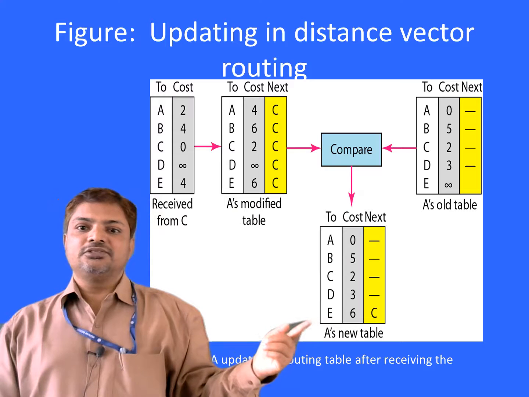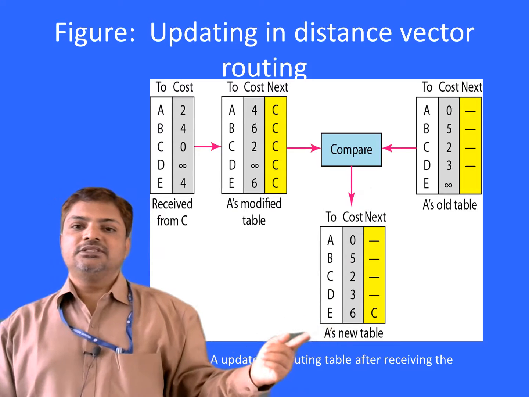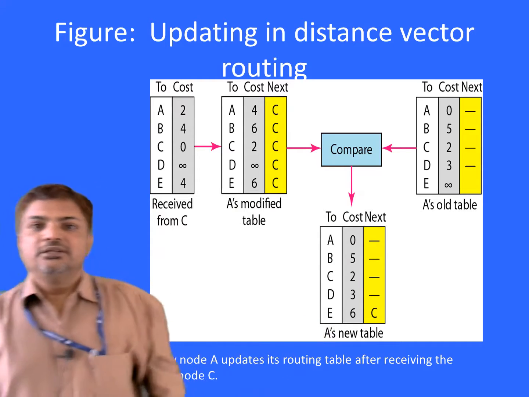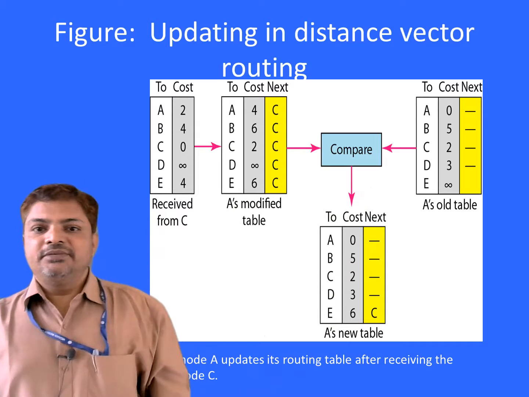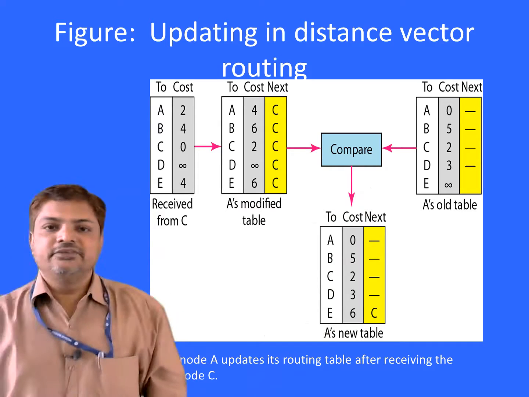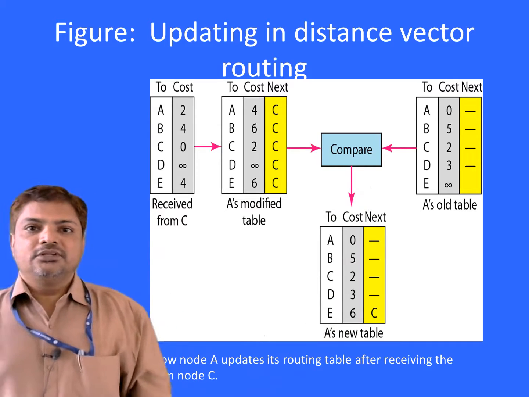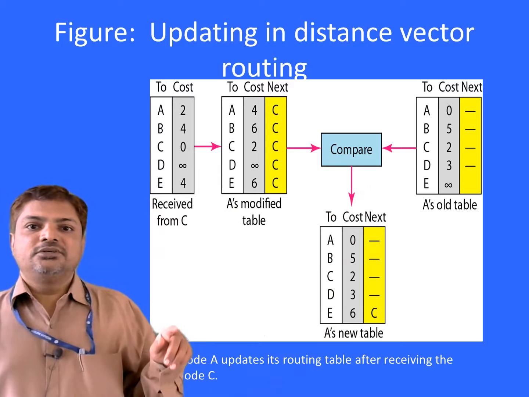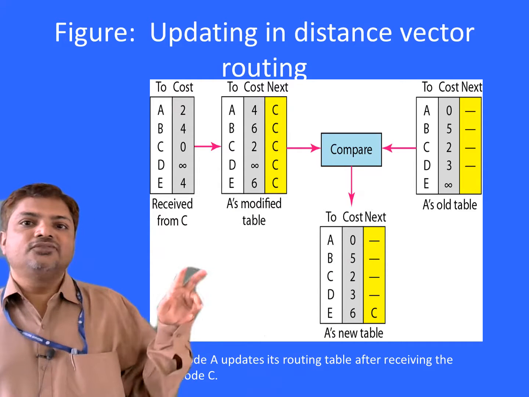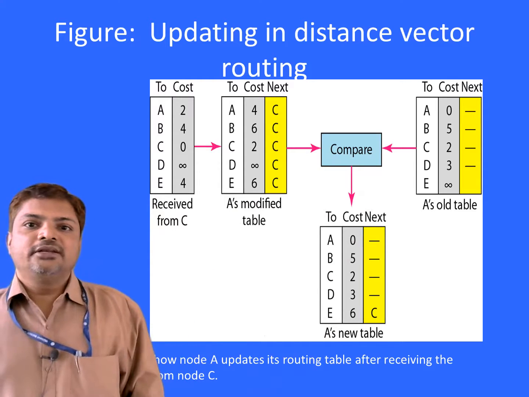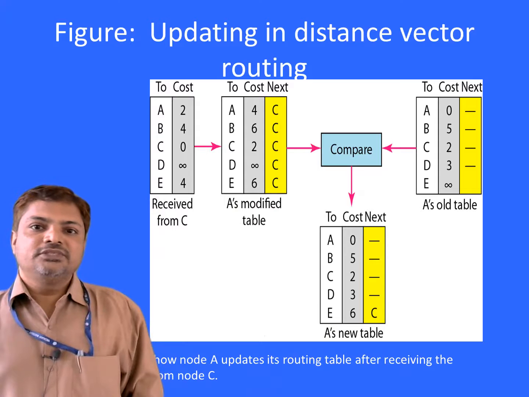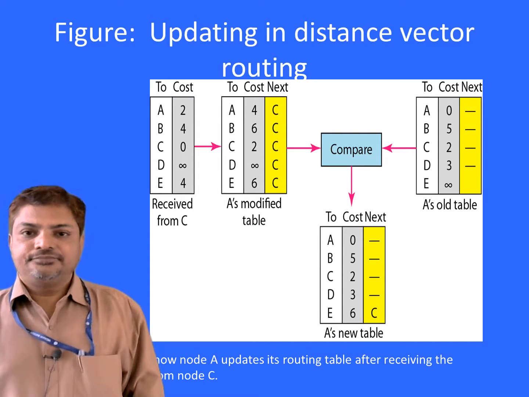A to E, the cost to reach is 6. So this is how the distance vector routing table is updated after comparison, after receiving the neighbor's table. The neighbor's routing table received consists of 2 columns only, destination and cost. These are the 2 columns which come from C.